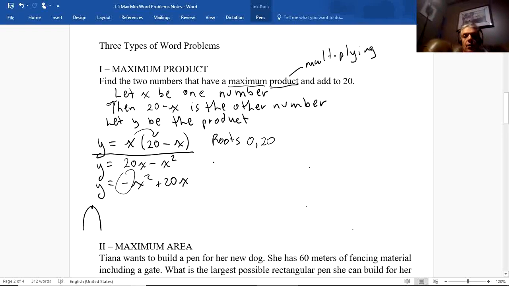Remember that? So the x value of the vertex, x_v, is 10. Now I sub this into the original equation.